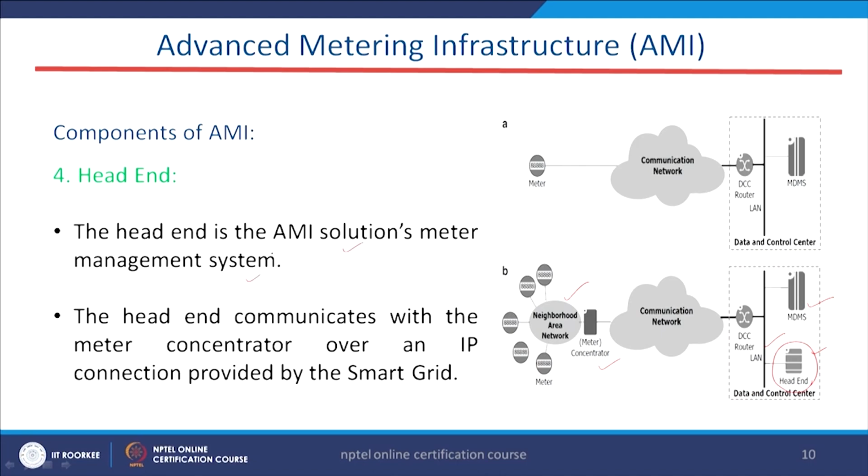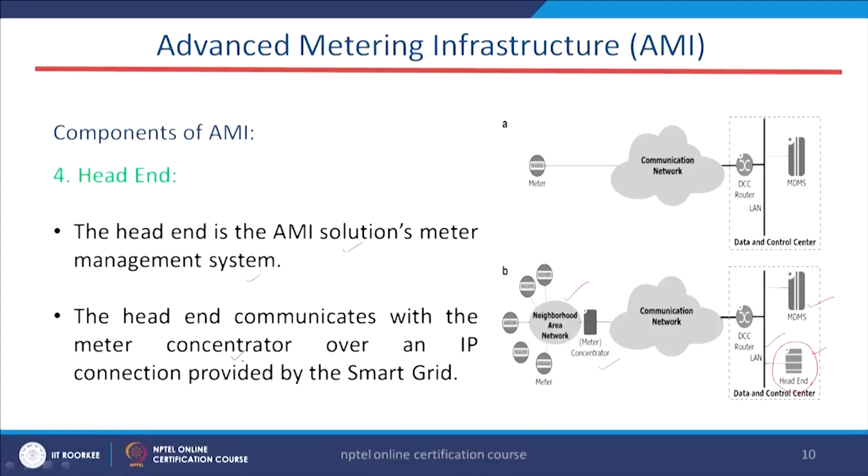It manages the AMI solution's meters. Whatever data or information we exchange between the smart meter and this utility MDMS, that data exchange should be managed properly. So, this head end basically does that. Now, the head end communicates with the meter concentrator over an IP connection provided by the smart grid. Basically, through this IP based communication system, this head end communicates with your meter concentrator.